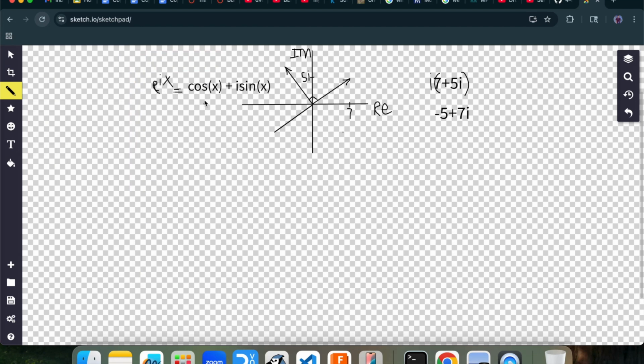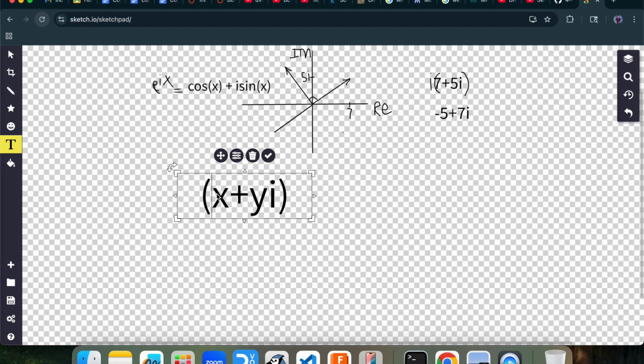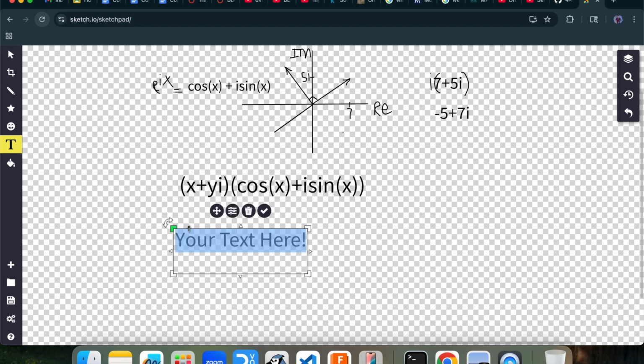Okay, so if we have some random, let's just say x plus yi, and then multiply it by cosine x plus i sine x, you would get x cosine x plus xi sine x, and then plus yi cosine x, and then plus y i squared sine x, so minus y sine x.